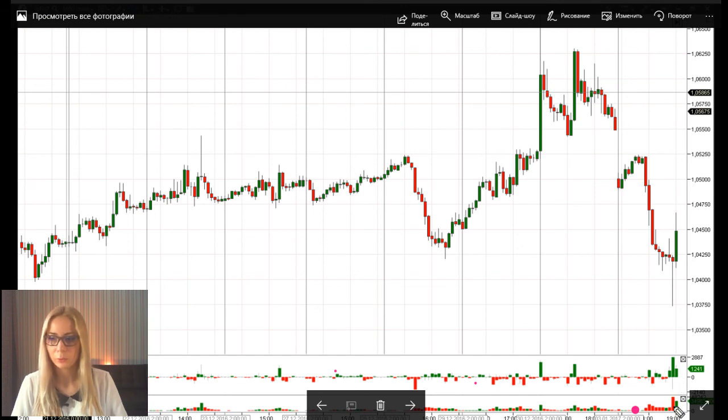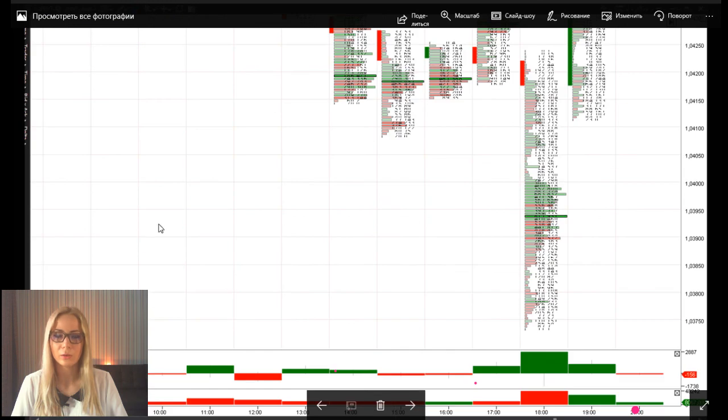Positive delta, volume, and we need to take a look inside this candle. You see, it's green, only green. Small red are here, big greens are here. From buyers. And we understand that it's our confirmation and we can enter this trade. It's our entry. It's our trade, our pin bar.